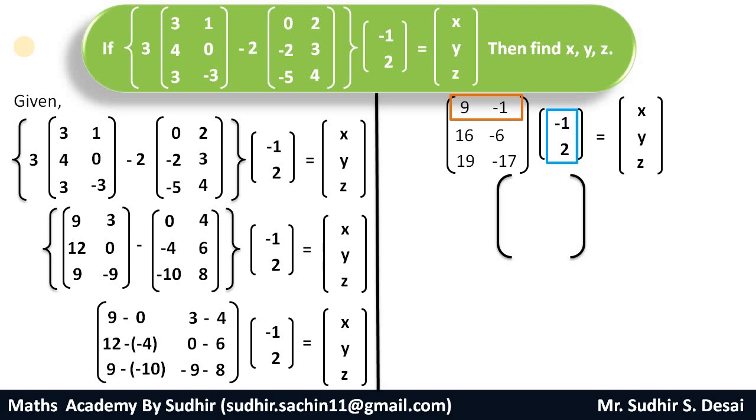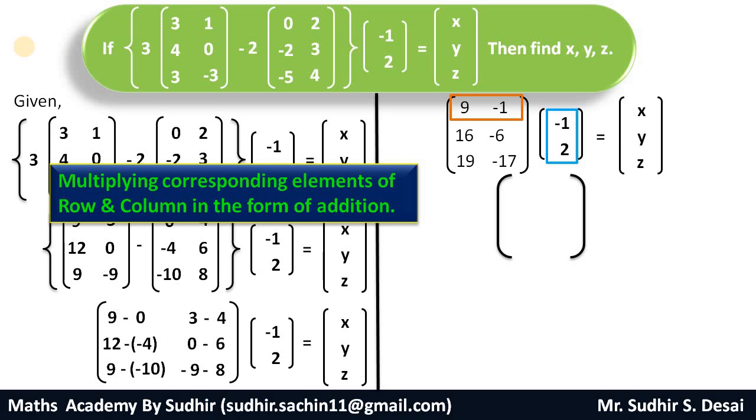And how to multiply? Multiplying corresponding elements of row and column in the form of addition. So first element is 9 into first element minus 1, so 9 into minus 1, minus 9, in the form of addition, so plus second element minus 1 into 2, that is minus 2.